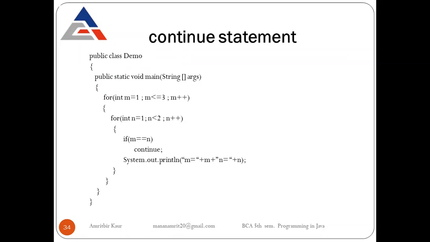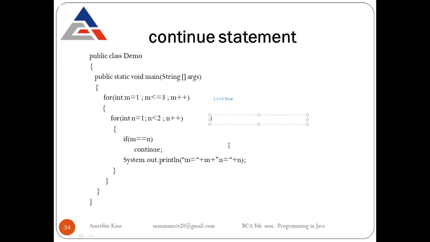Here in our class, in the outer loop, there is a nested for loop. The first one is our outer for loop and the second one is our inner for loop. Firstly, m equals to 1, and m is less than or equals to 3. The condition is true, so we enter our next loop.